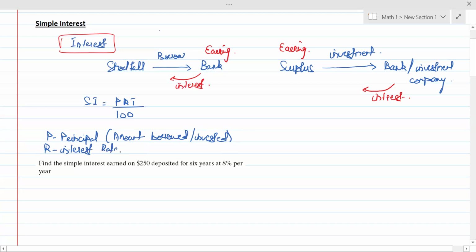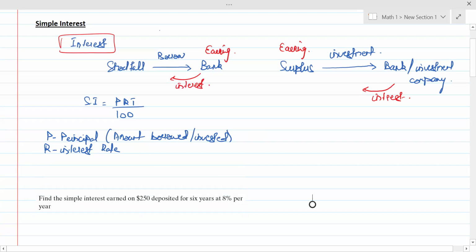It's always in terms of percentage. T here represents the time for which you have borrowed the money. And then SI is for the simple interest. So this is the formula for simple interest.